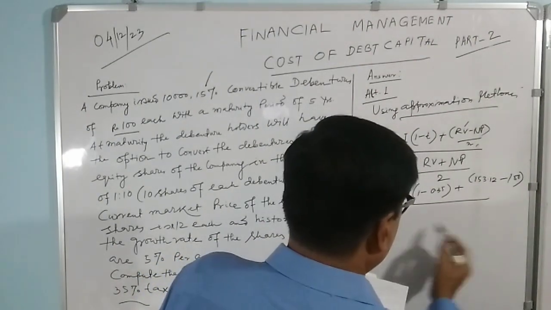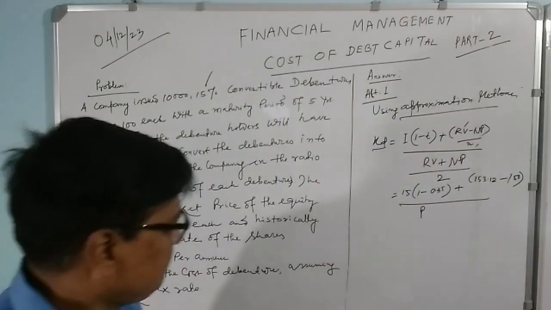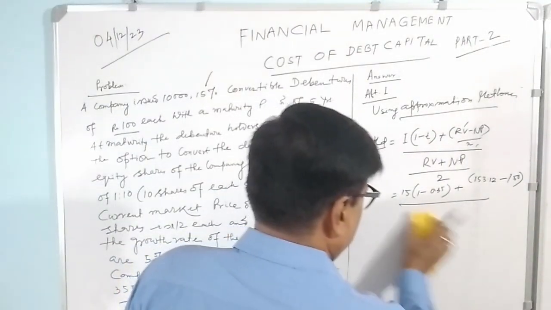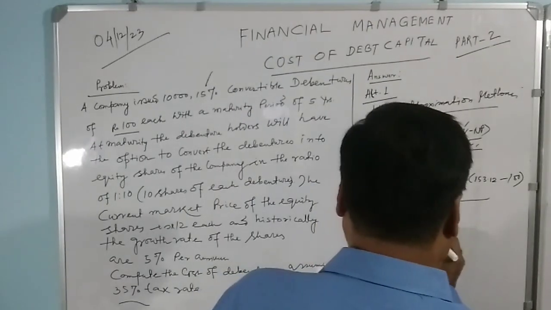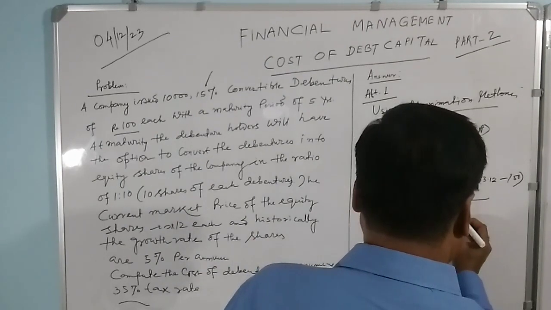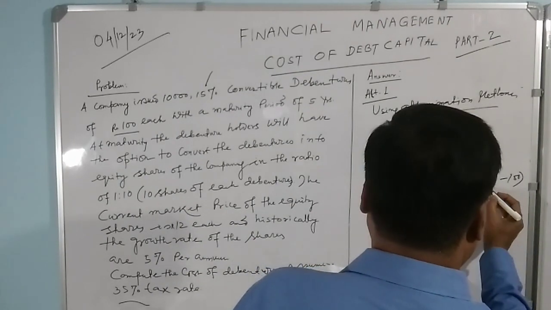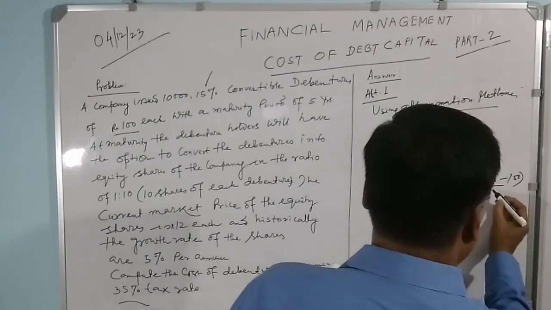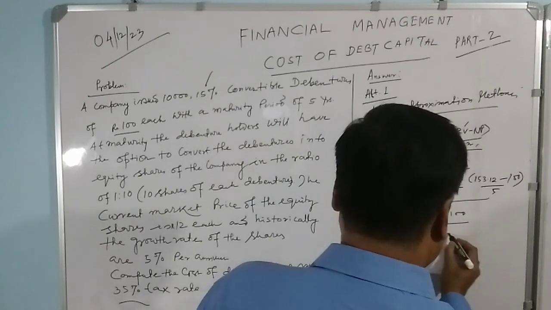divided by RP equal to your RV equal to your 153.12 plus 100 by, here this is N is there, no, this will be 5, so divided by 2.